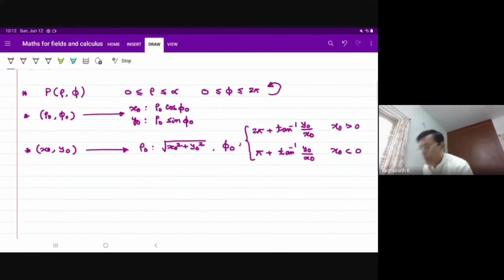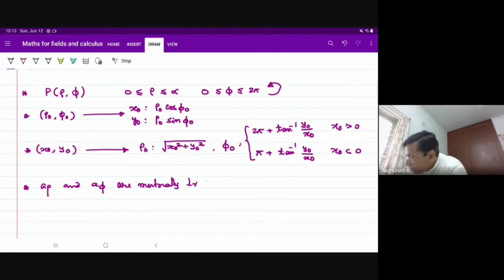In this, we also saw that a rho and a phi are the standard orthogonal unit vectors, mutually perpendicular always. Unconditionally, they are mutually perpendicular.